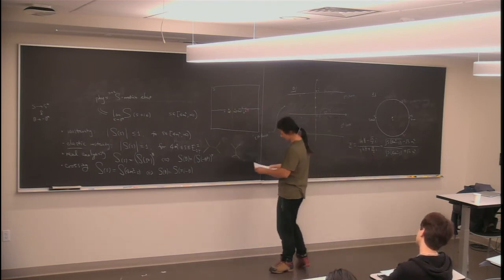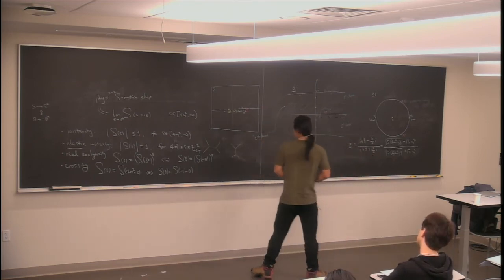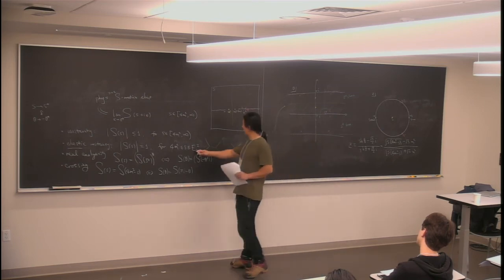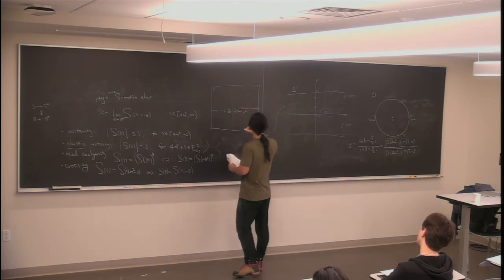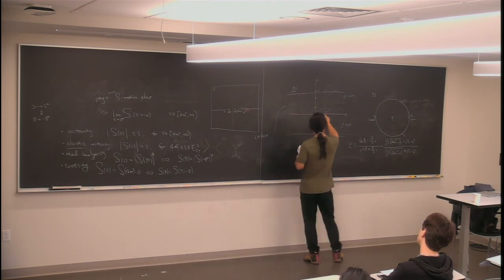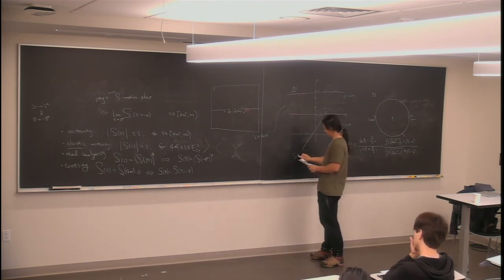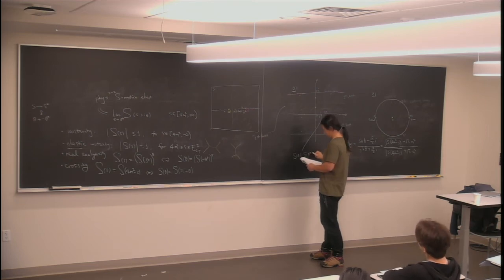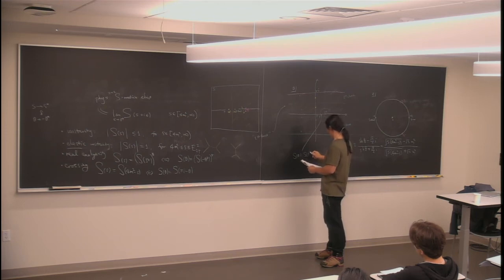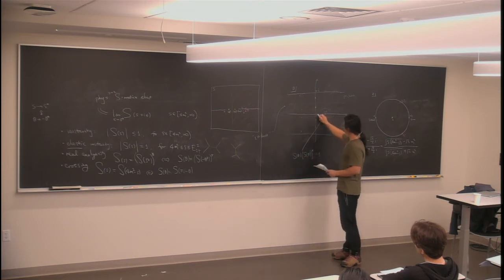In particular, this elastic unitarity implies that, along here, S of theta times S of theta star is equal to 1. But if I'm along this real value of theta, then theta star, of course, is the same.